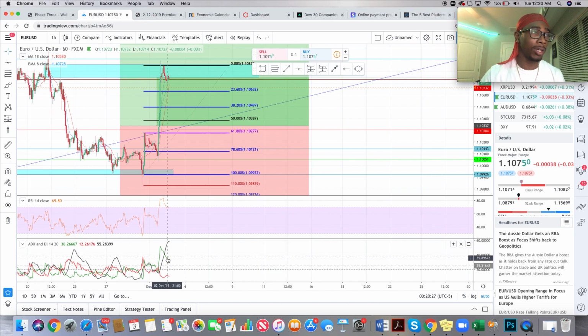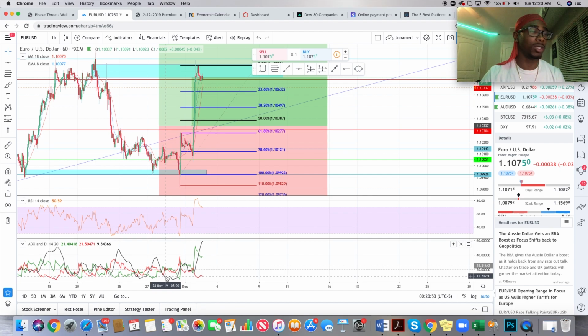If the green line is above it, it's bullish. If the red line is above 25 and your black line, your actual directional movement, is above 25 as well, then it'll be bearish. Of course, that's not always the case, but that's what you typically see.